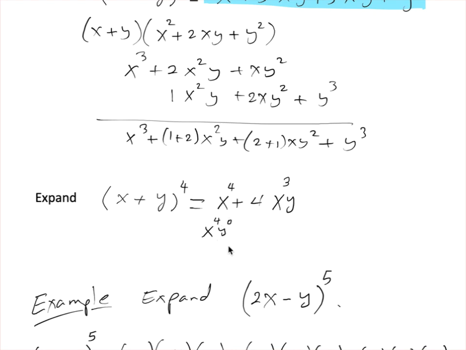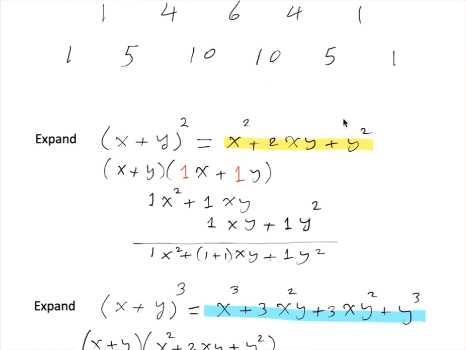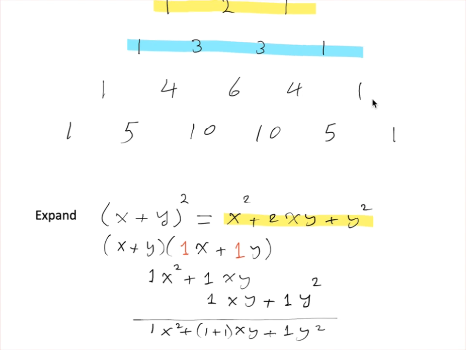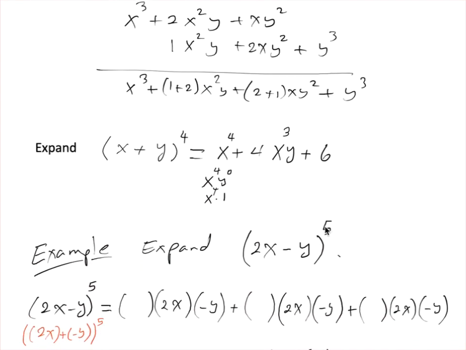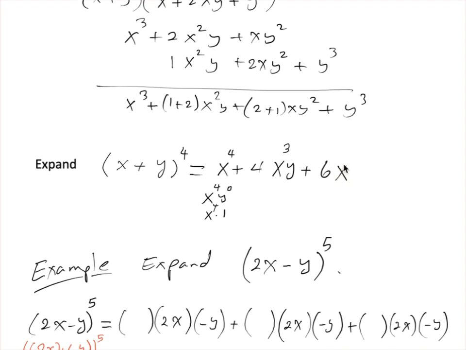Y to the 0 is 1, right? So that's x to the fourth times 1. So the next coefficient is 6, right? From the table, 6, and then 4, and then 1, and the coefficients are symmetrical, right? So that would be 6. Lower the power of x, so that's x squared. Higher the power of y, get y squared.